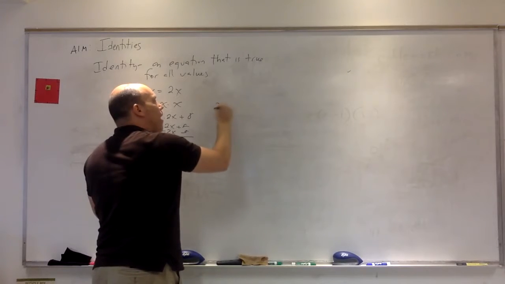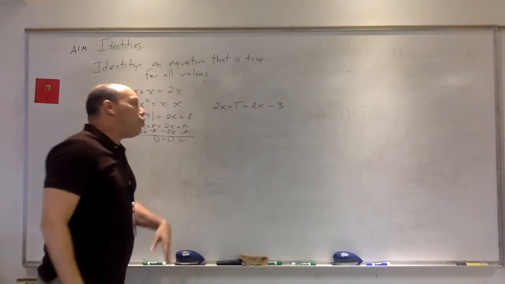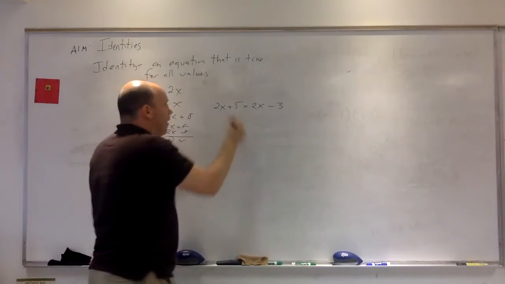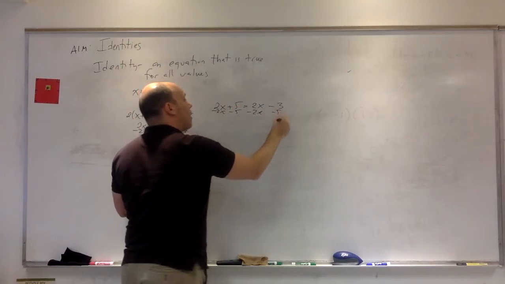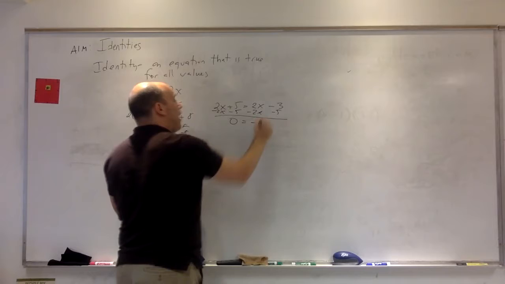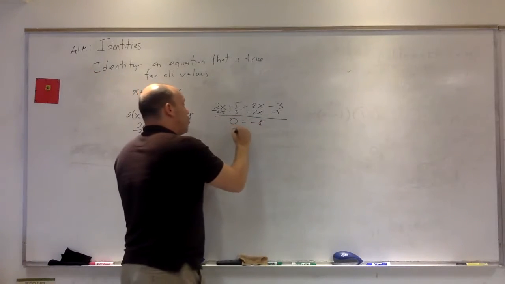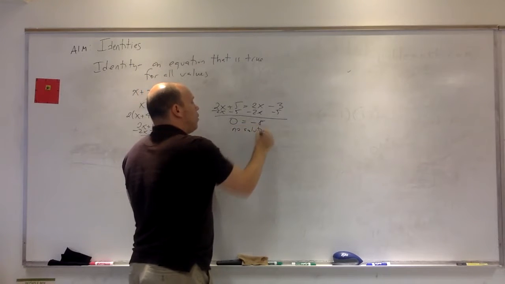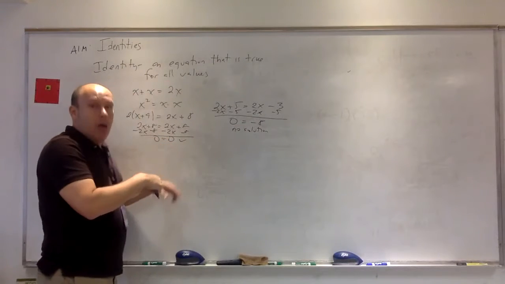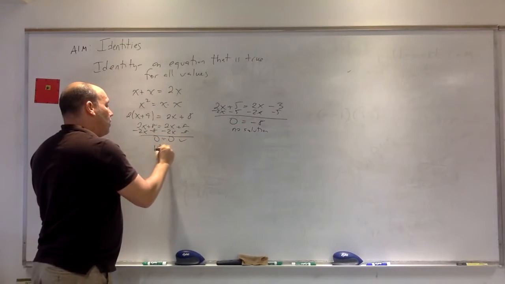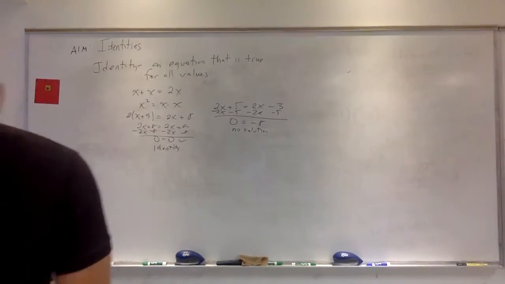Good. Okay, let's take a look at the first identity. The first set of identities are the Pythagorean identities. If you recall in the last couple of videos, we put the unit circle on the grid. So if it's a unit circle, that means the radius is 1.